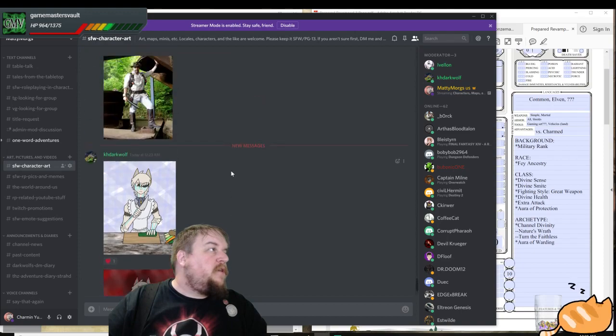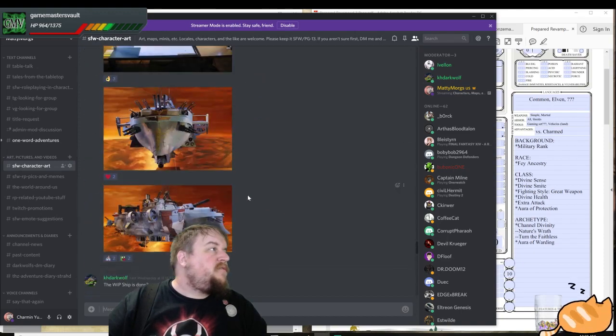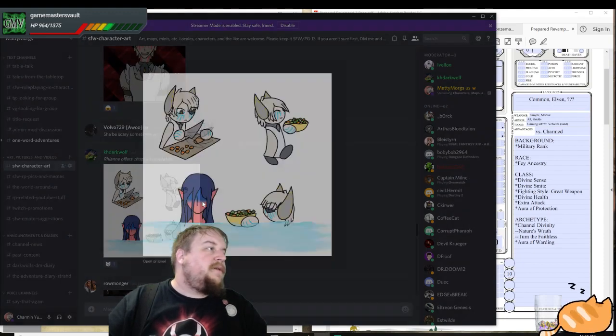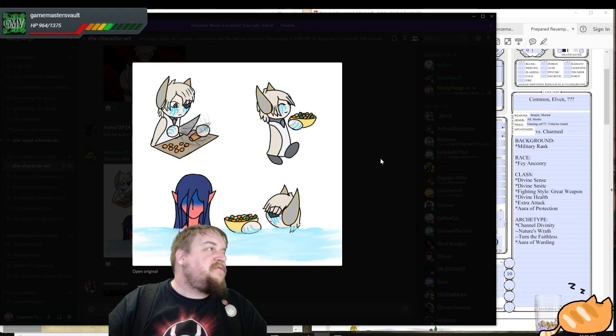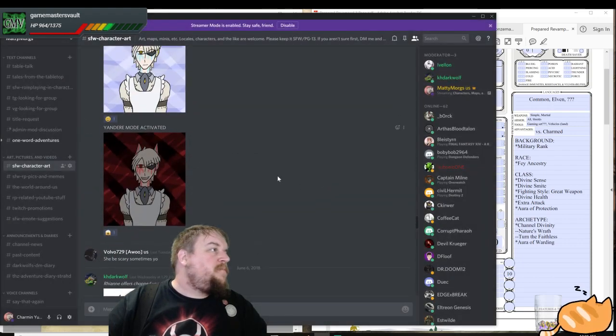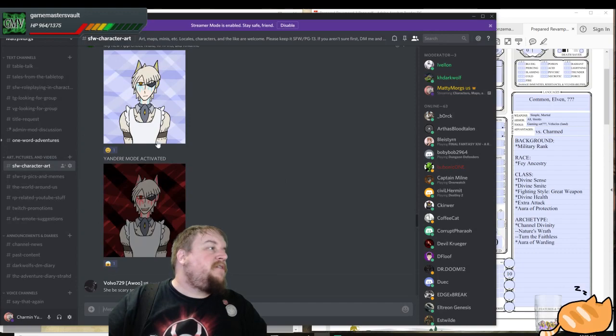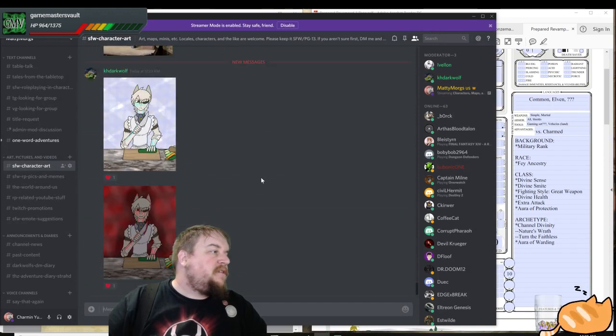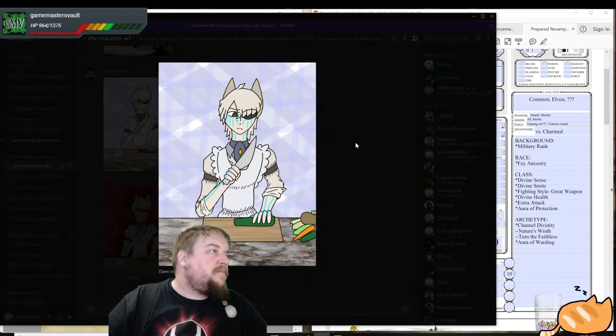Chopping more vegetables. Oh wait, is this a revision of what was above? That's by the way, the serving of the chopped veggies was very interesting. Oh, that's Yandere mode activated. Okay, gotcha. Such concentration, right?